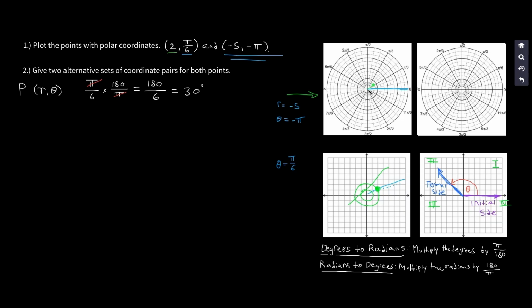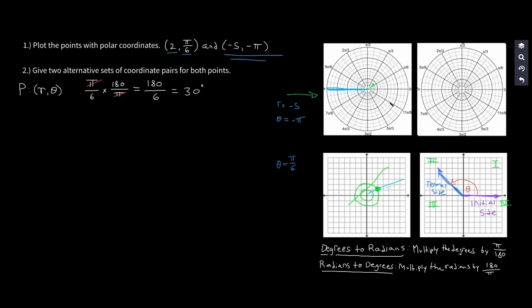Pi is equal to 180 degrees, and 180 degrees is a straight line, so we're going to spin halfway around until we're facing directly left, and that's going to be right over here, what used to be the negative x-axis. So now we're facing this way, okay?